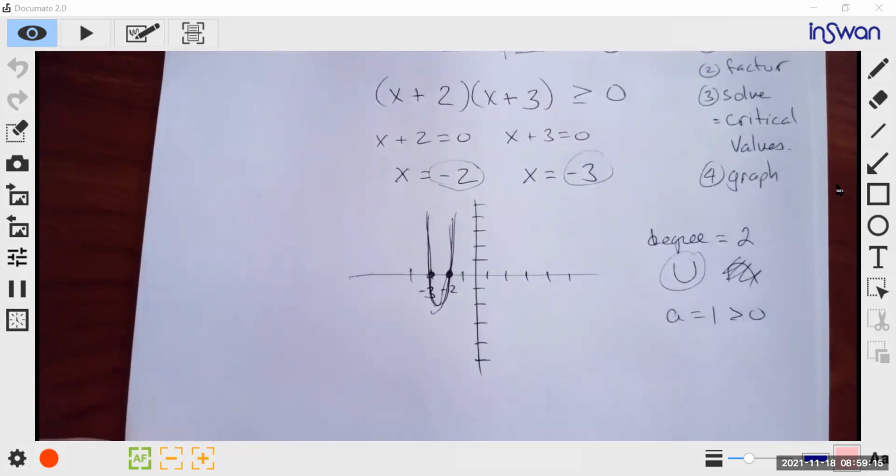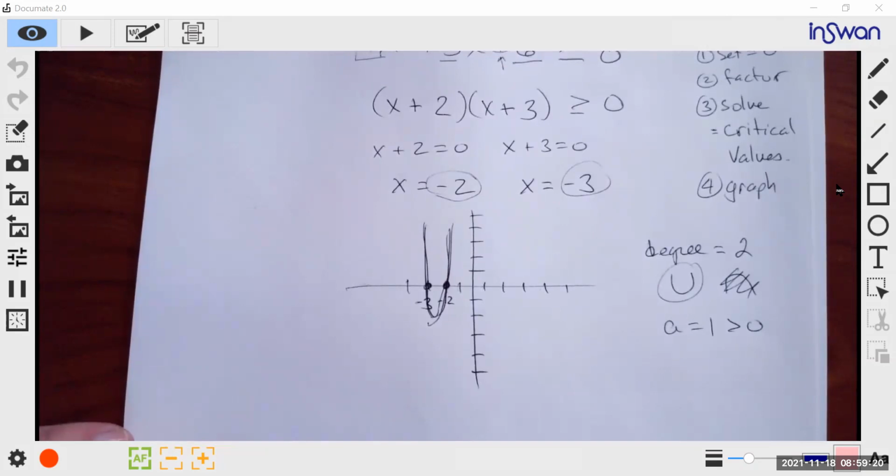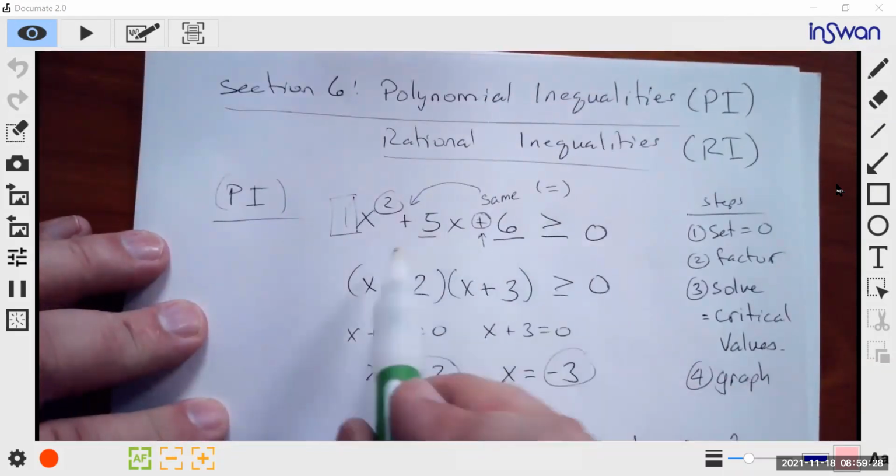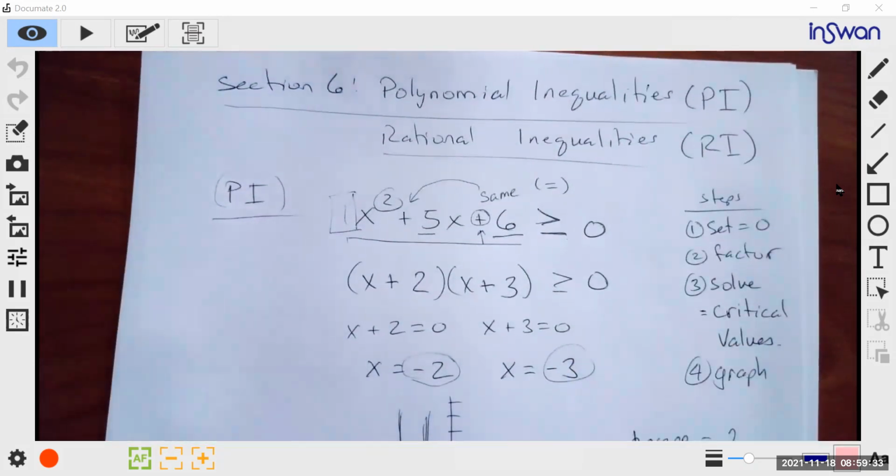That's the stuff we've been doing all along. Now let's look at the question. The question is asking us, this equation is greater than or equal to 0.